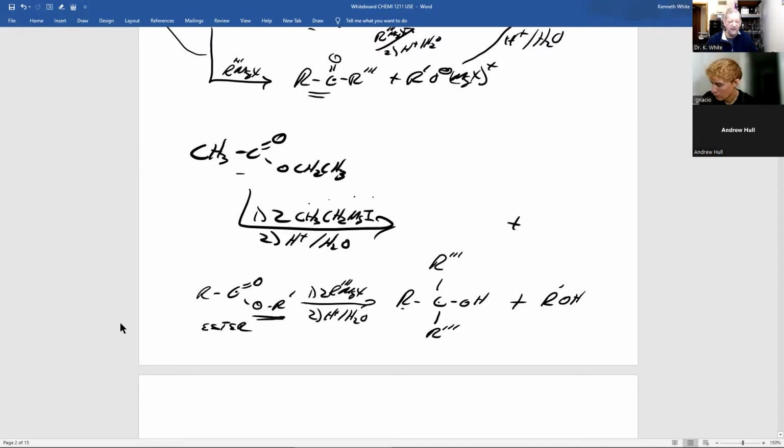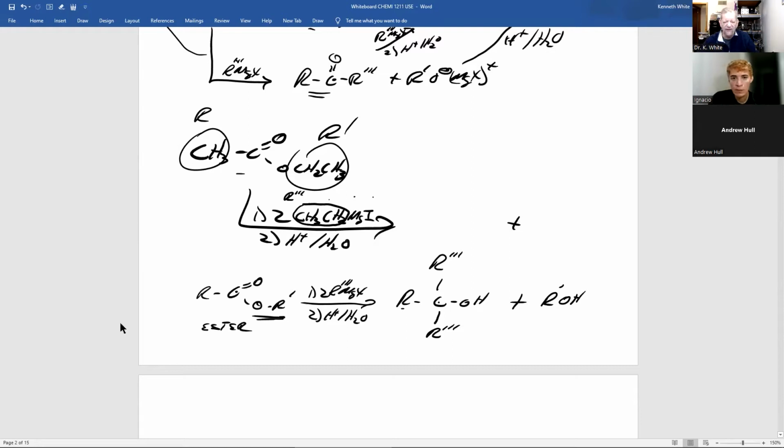So if we come up here, that's R and R prime, and the Grignard, this ethyl group, is R triple prime.